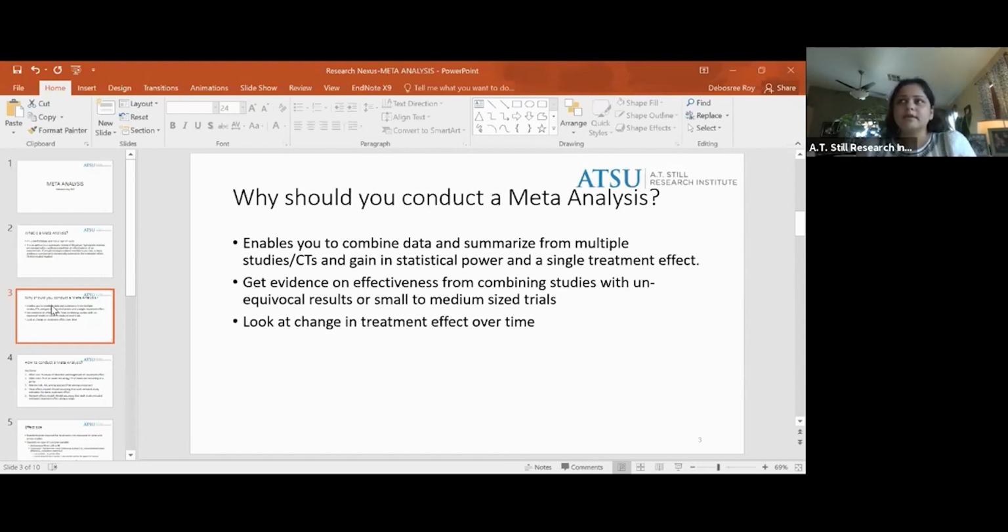When you have a range, for example, gain in motion or reduction in tumor size, that's when you can use a meta-analysis to show that over time, this treatment might be unequivocal at time T1, but at time T2, this treatment has some effect. The effect size can go up or down over time, but you still get evidence on the treatment effect, a directionality to the treatment effect.